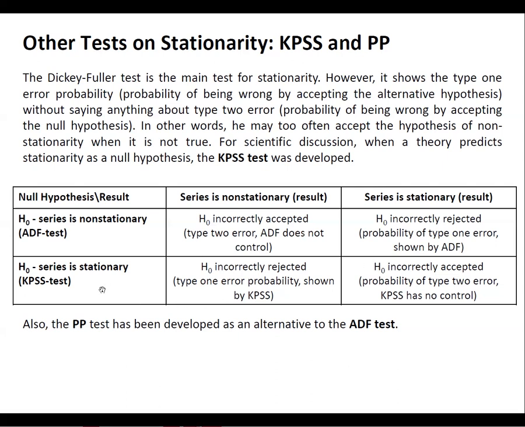But the KPSS test was developed in the opposite direction. It was developed on the basis of the theoretical hypothesis that the series is stationary. That is, when we have theoretical grounds to believe that the series is stationary, then we apply the KPSS test. And it accordingly controls the probability of type 1 error, that is, the probability that we incorrectly reject H0.